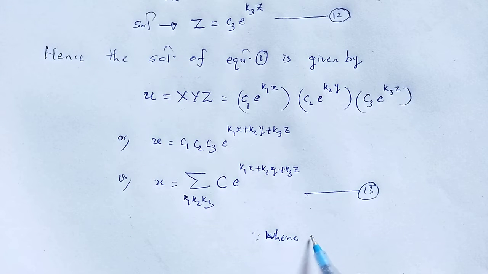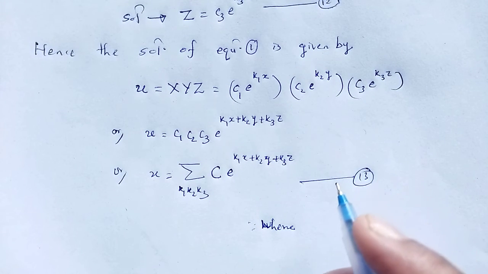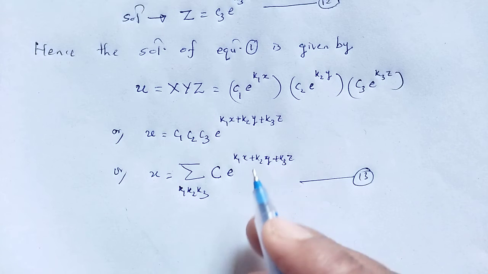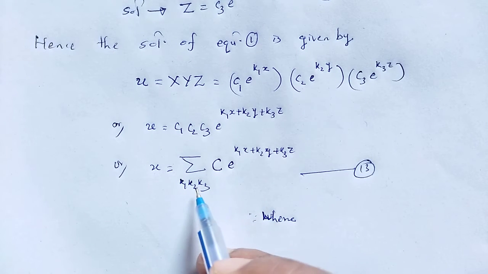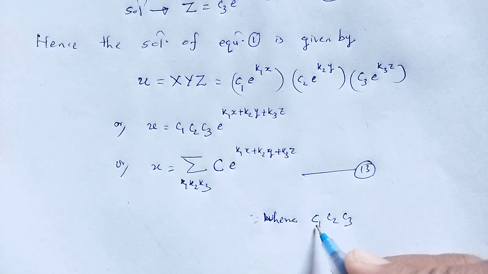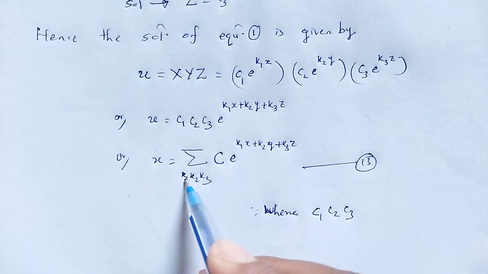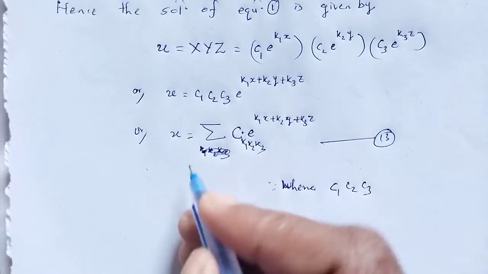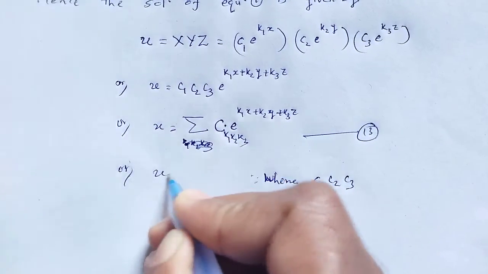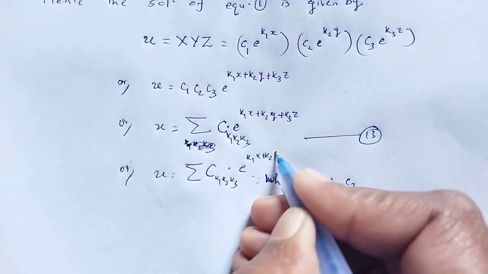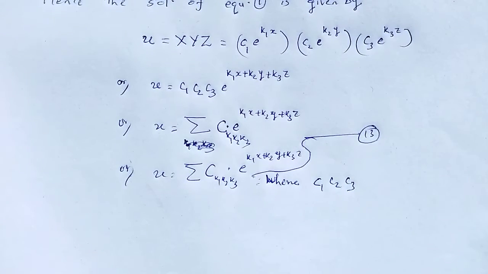C1, C2, C3, I can write it clearly as U is equal to summation over C of K1, K2, K3 into e to the power K1 x plus K2 y plus K3 z.